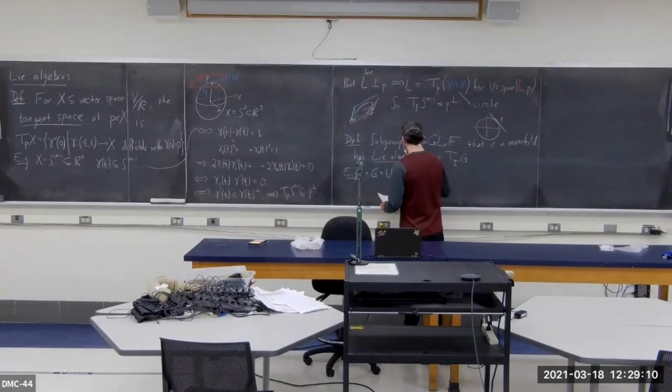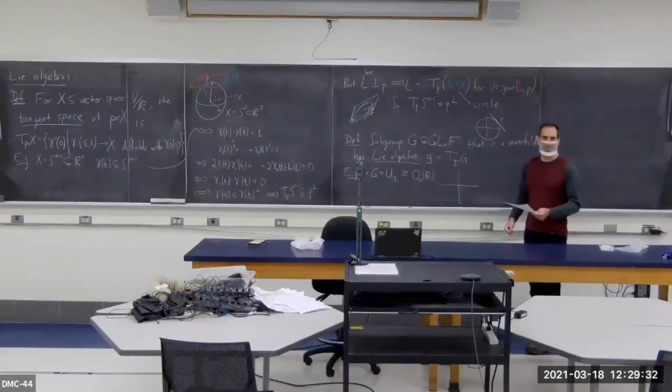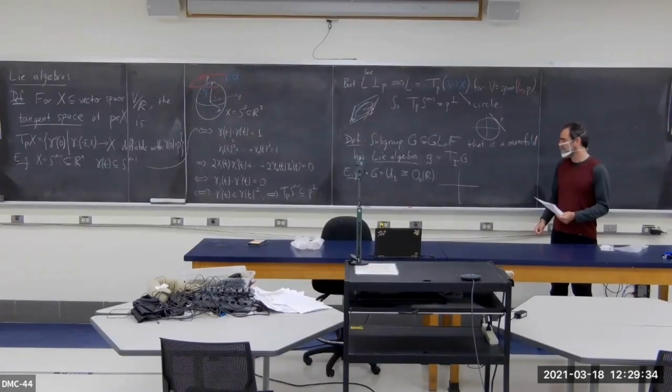That's isomorphic to O2 of R, actually I think it's SO2 of R. Anyway, let's figure out what it is. So the picture is like this. What is U1? Is that just the circle? Because it's the orthogonal matrices and.